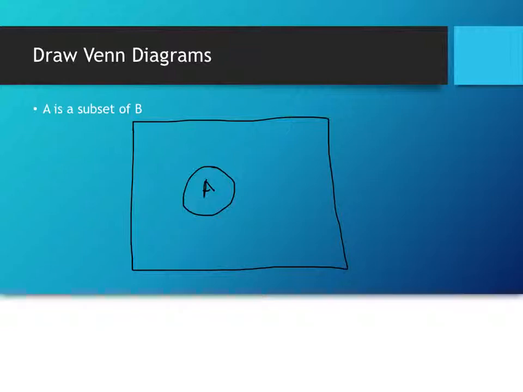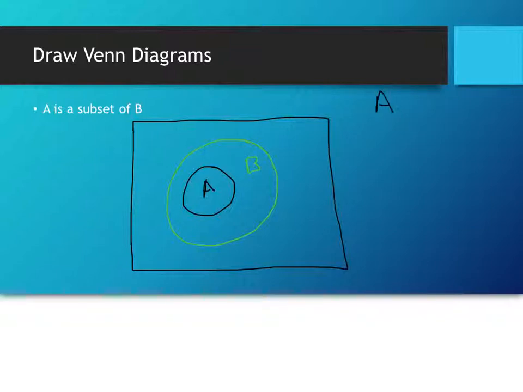And when I draw B, it has to be bigger than A, because A is a subset of B. All of these elements have to be also inside B. Now, B could contain other things. For instance, let me give you an example.